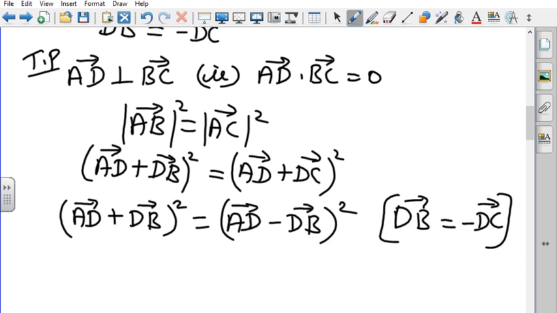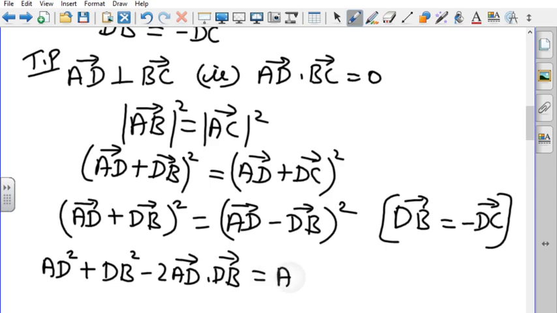Now expanding using the formula for A plus B and A minus B whole square, we can write this as AD square plus DB square minus 2 AD vector dot DB vector is equal to AD square plus DB square plus 2 AD vector dot DB vector.